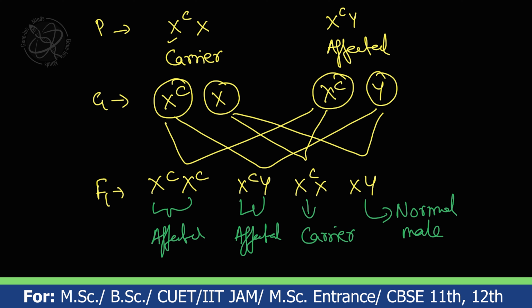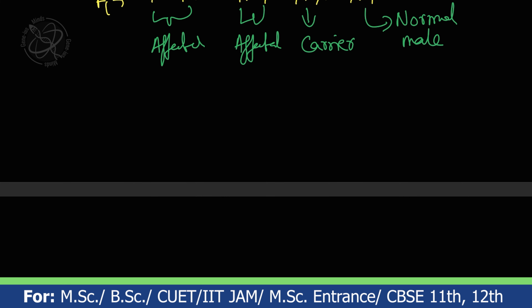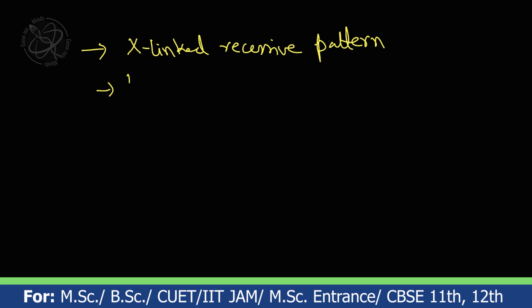Now, the few important points you have to learn from X-linked inheritance patterns are: it always follows an X-linked recessive pattern, meaning there should be the presence of a homozygous recessive gene.